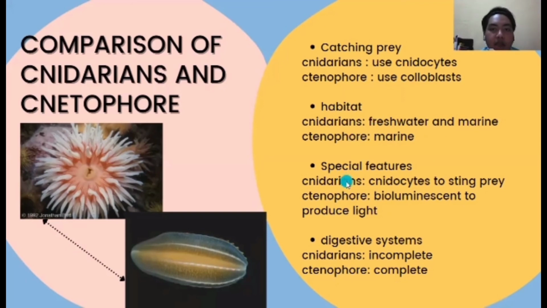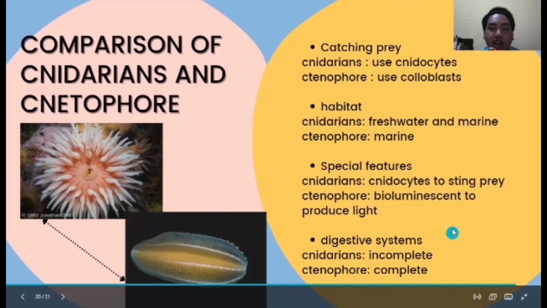Cnidarians have cnidocytes to sting prey. Ctenophores have colloblasts to grasp prey, and some ctenophores are also bioluminescent to produce light. In the digestive system, cnidarians have an incomplete digestive system, while ctenophores have a complete digestive system.